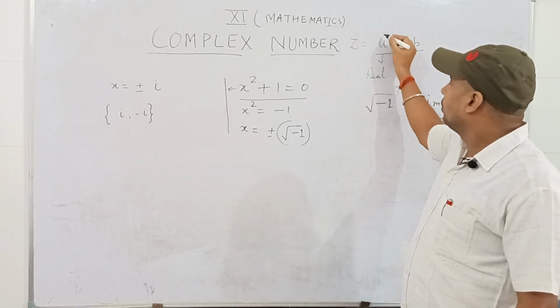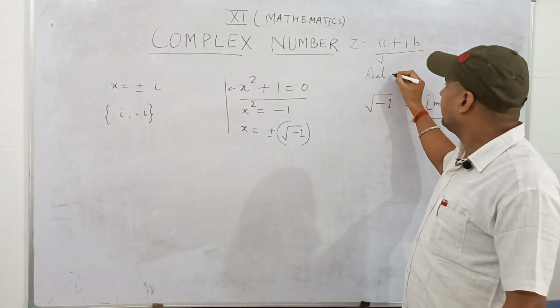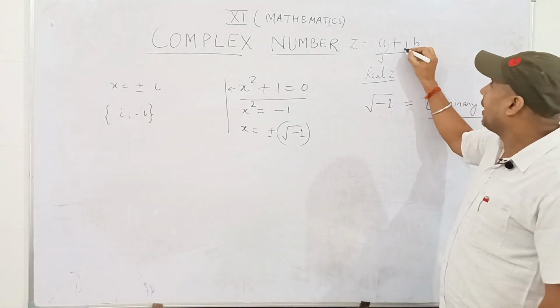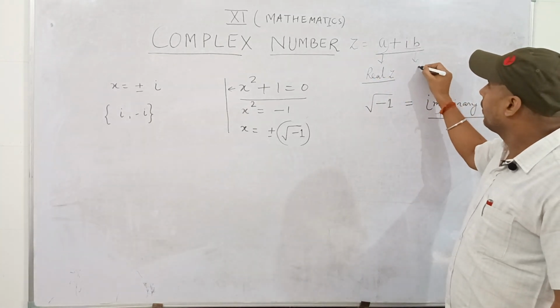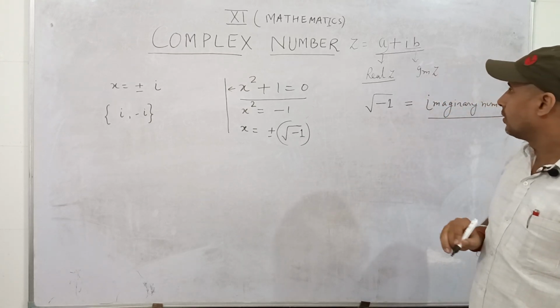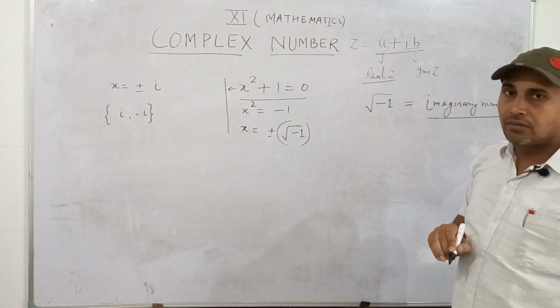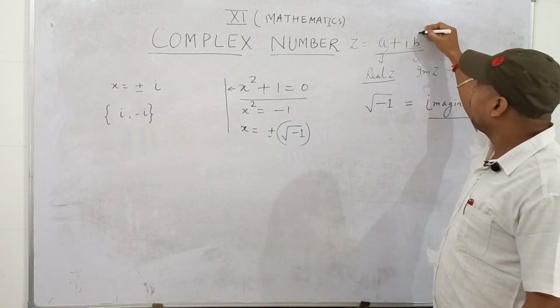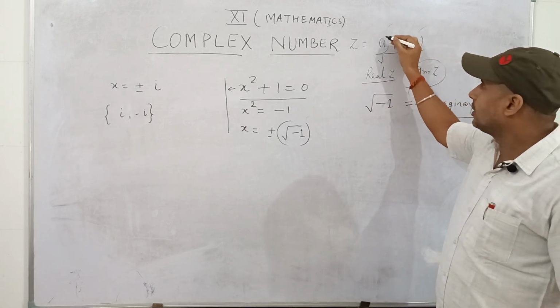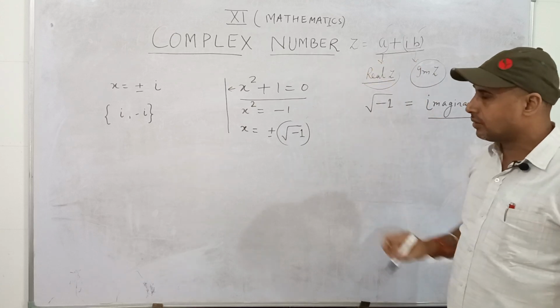So a is known as the real part of z and ib is called the imaginary part of z, where a and b are real, but this part is known as the imaginary part and this is called the real part.